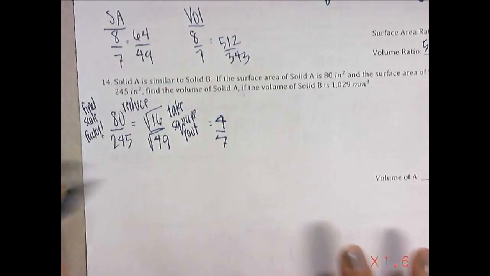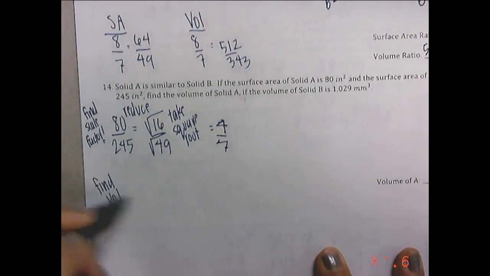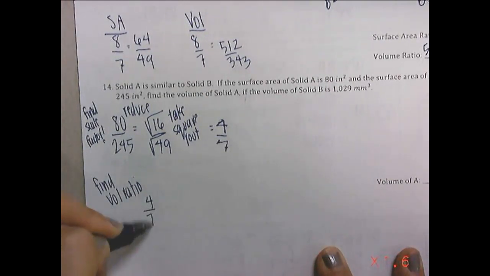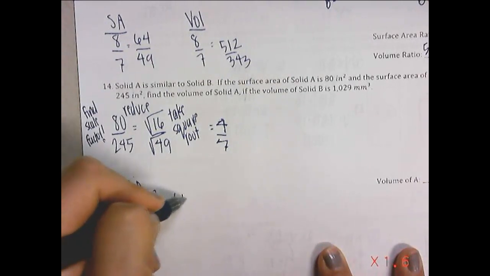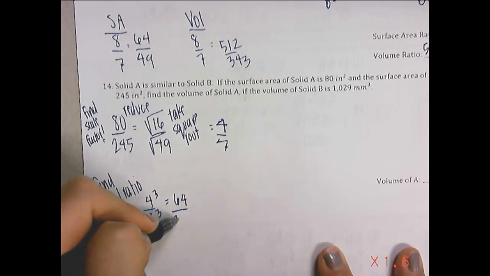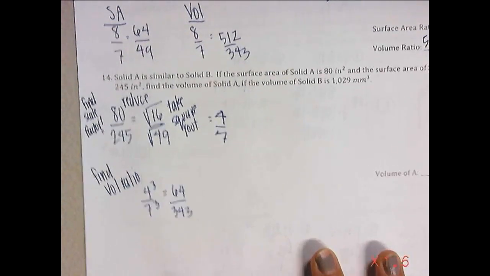The next thing I need to do is find my volume ratio. So I'm going to take 4 over 7 and I'm going to cube it. That's going to give me 64 over 343. Okay.